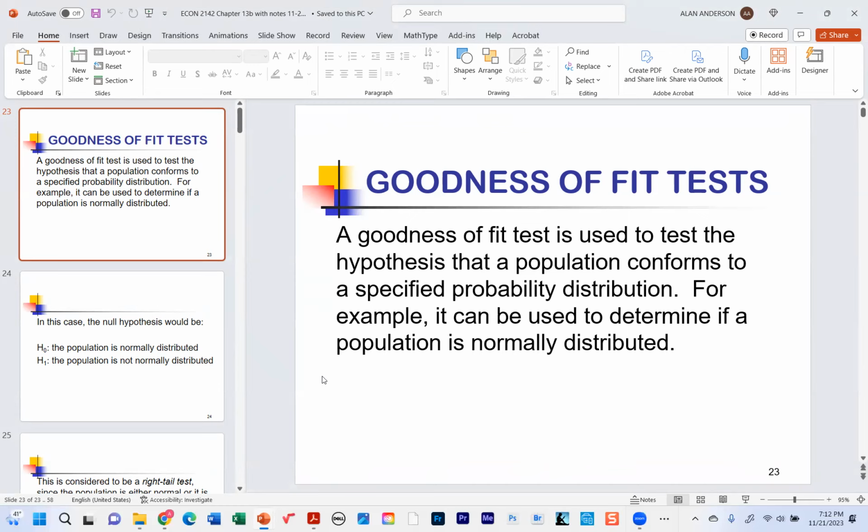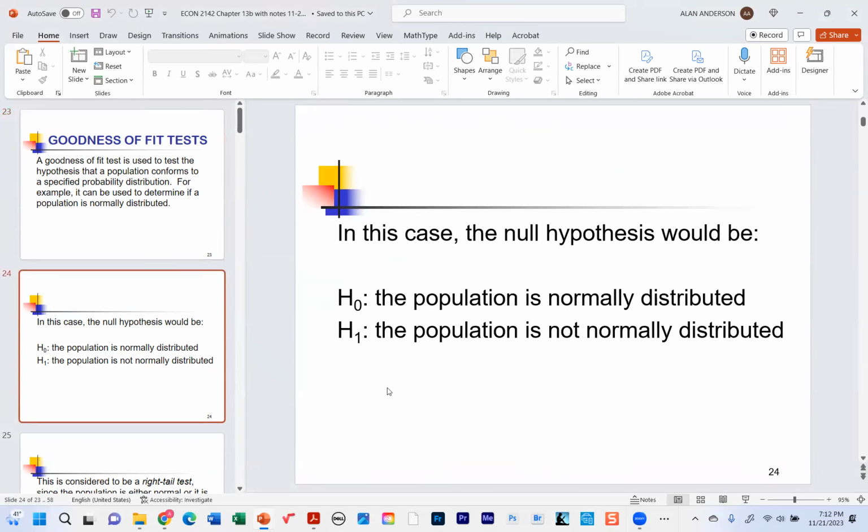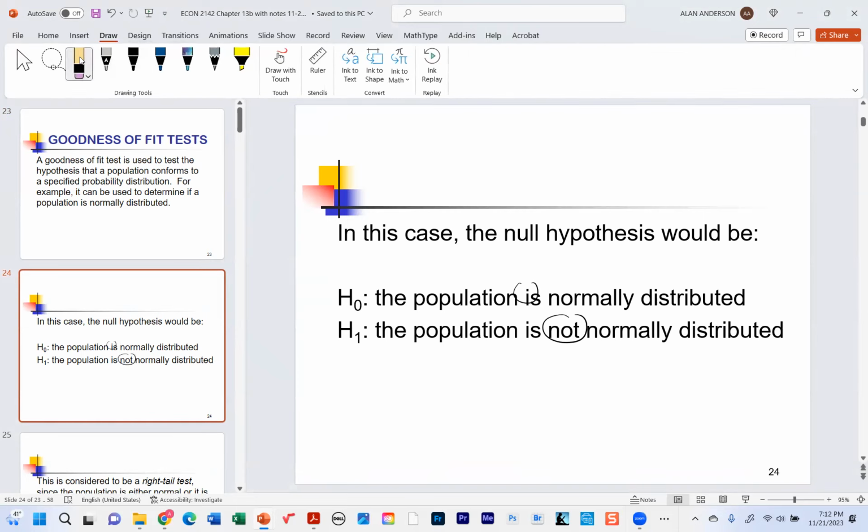Suppose that we're interested in comparing a population of data to the normal distribution. Well, then there's only one way to write them. The null is that the population is normal. The alternative is that it's not. That's all we have to choose from. Yes or no.